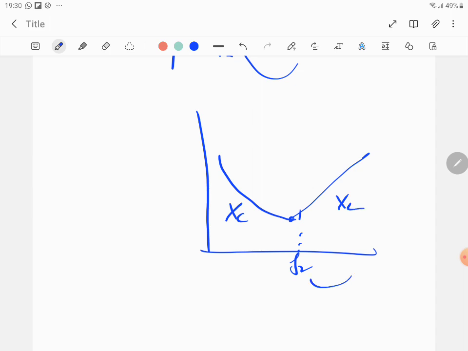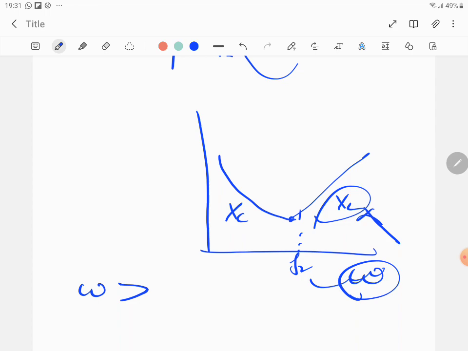So the more the frequency, which is getting dominant? XL. So omega is greater only for an inductive circuit. From this graph, you can say that omega greater than 1 by root of LC is applicable only for an inductive circuit.